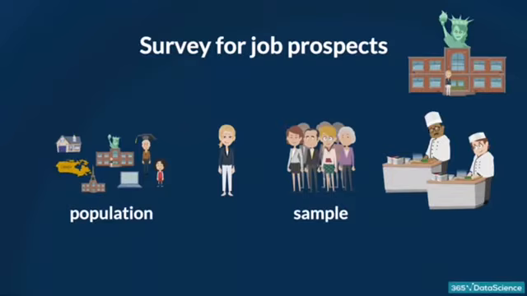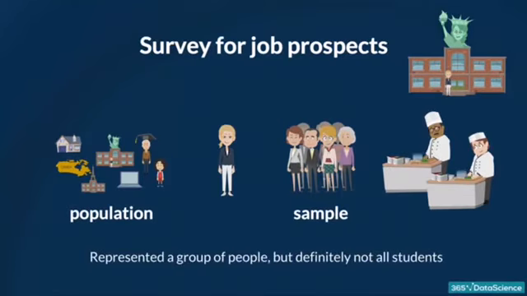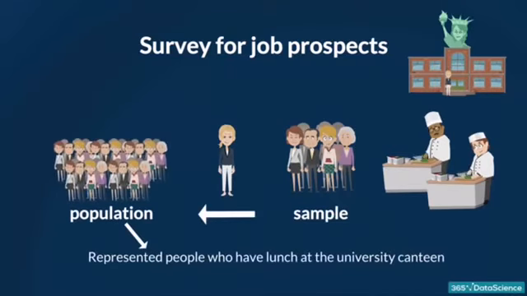What about the representativeness of the sample? A representative sample is a subset of the population that accurately reflects the members of the entire population. Our sample was not random, but was it representative? Well, it represented a group of people, but definitely not all students in the university. To be exact, it represented the people who have lunch at the university canteen.